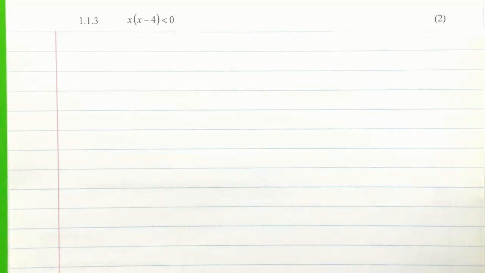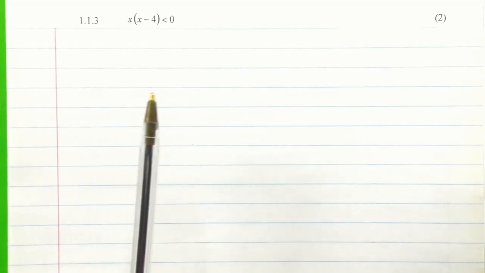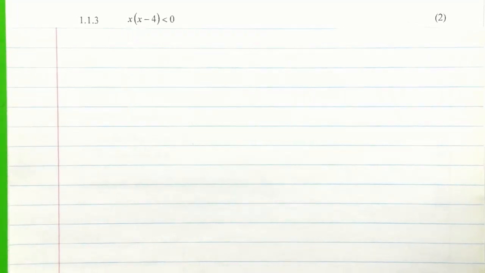So you are in an exam and they give you something like this, and as you can see, it's only 2 marks, isn't it? Okay, now I've shown you in the diagrams that all you need to be conscious of is the gradient. If you see that when I multiply this out, it will be x squared, so it is a positive gradient.